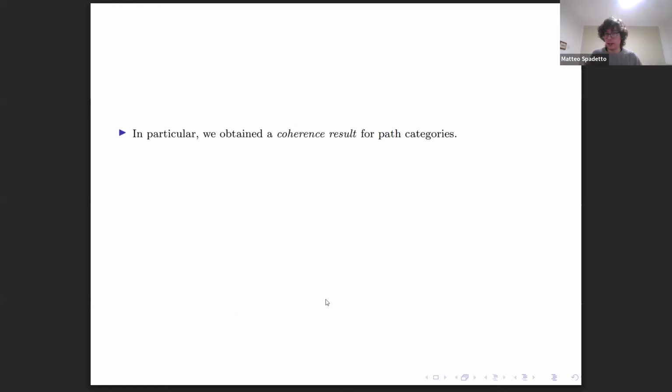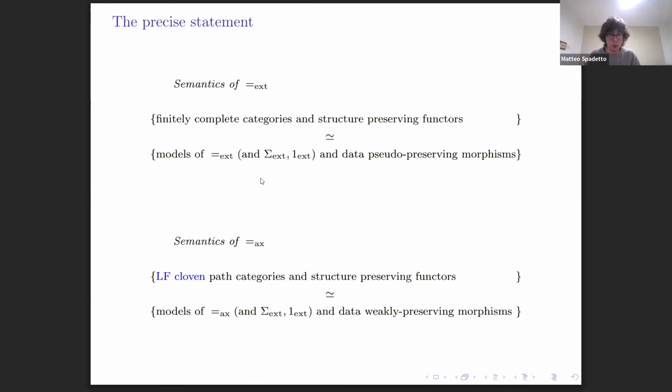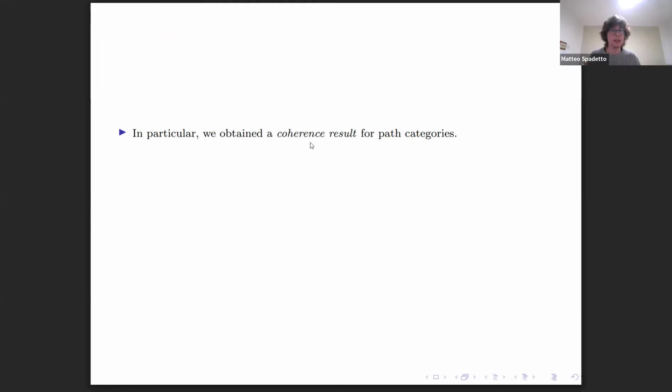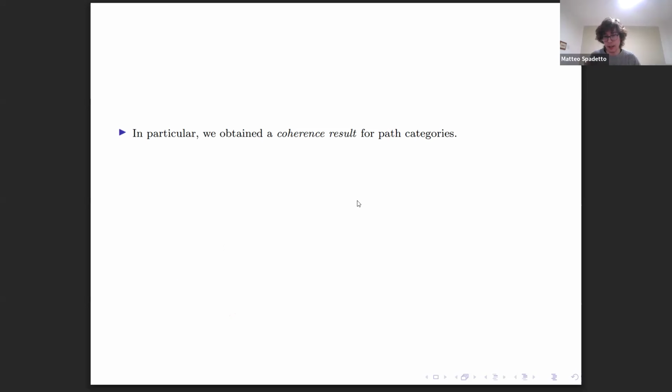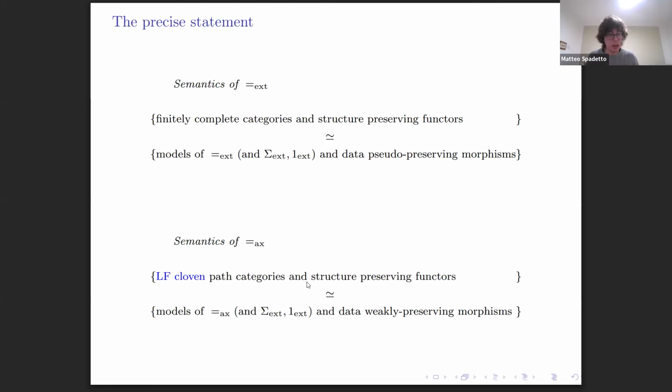So in particular, the motivation to start this was to have a coherence result for models of axiomatic identity types. This is achieved thanks to this equivalence, that some path categories, namely the LF cloven path categories, are equivalent to split path categories, so they have a split replacement, because basically you have to start from an LF cloven path category here.